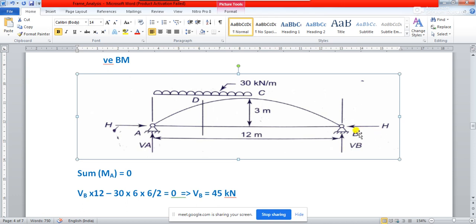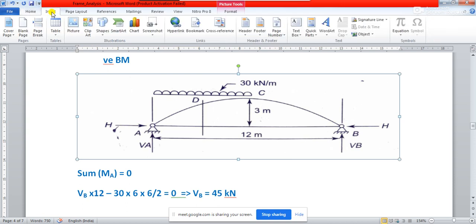So let us go from the right hand support, and you see at this C, that means at the crown of the arch, there is a hinge, okay? So basically this is a 3-hinged arch, and if you remember, a 3-hinged arch means there is a hinge over here. So when there is a hinge over here, what you can do?